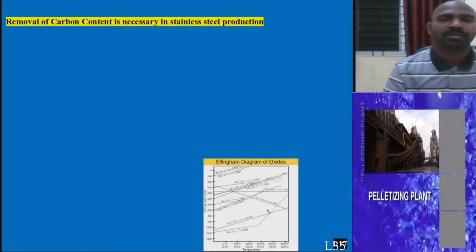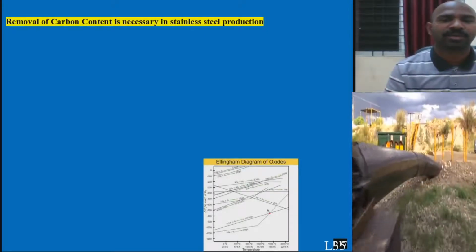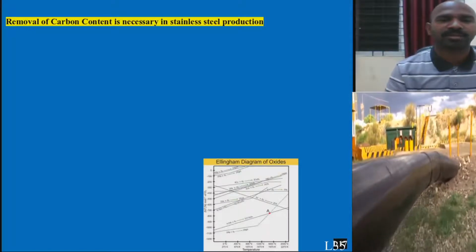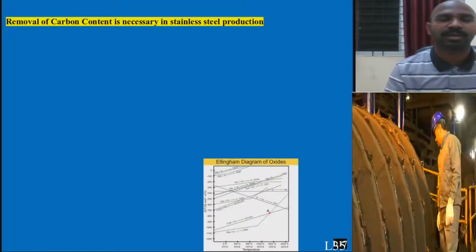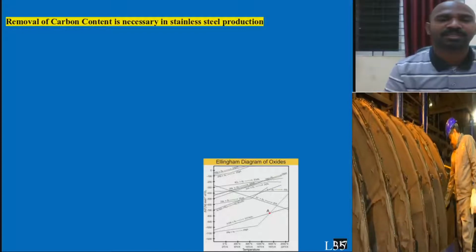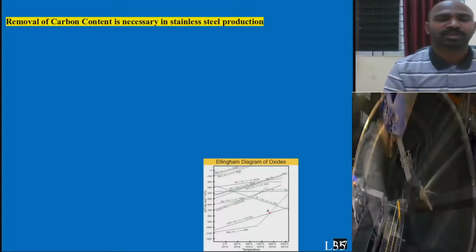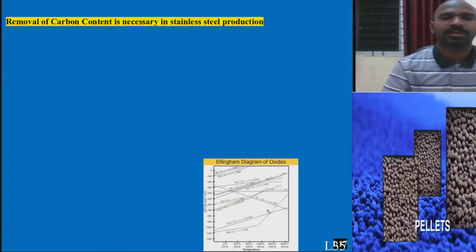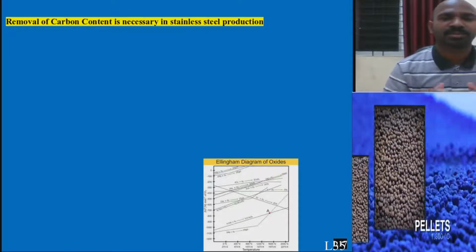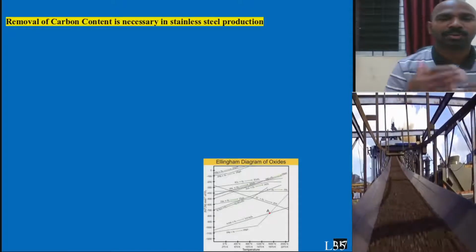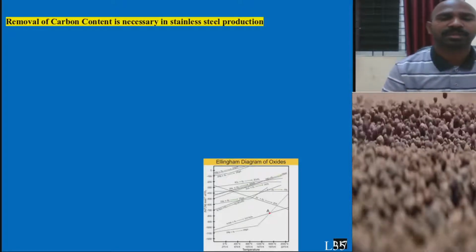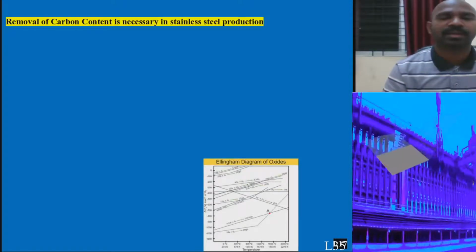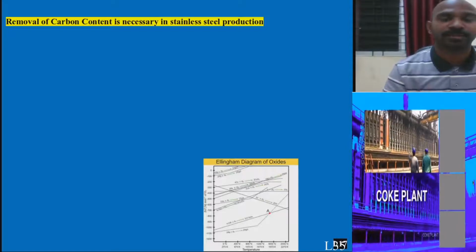How do you reduce it? For reducing the carbon content, we use a converter similar to the LD converter, called the argon oxygen decarburizer, where argon is injected from the bottom tuyeres or side tuyeres, and oxygen is lanced from the top so that the carbon level is reduced.